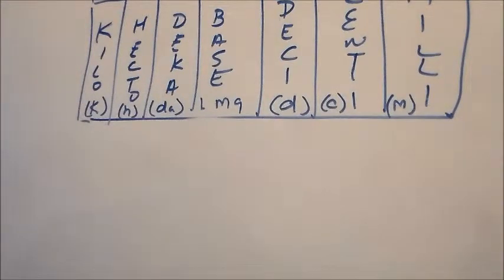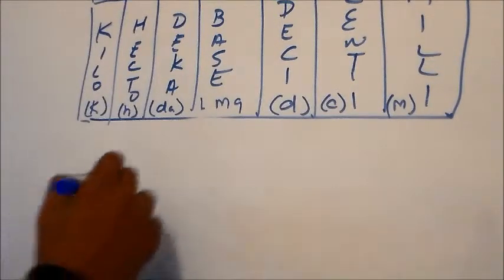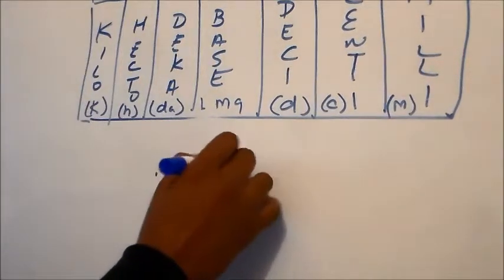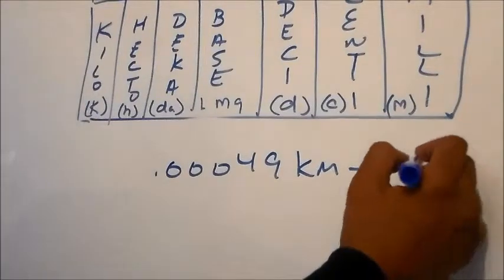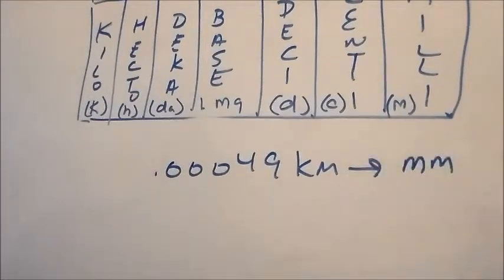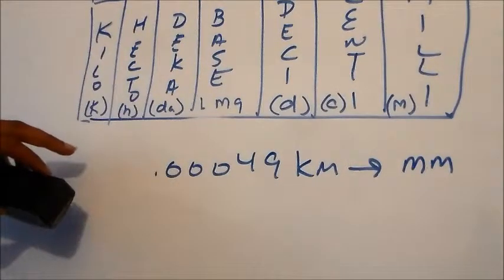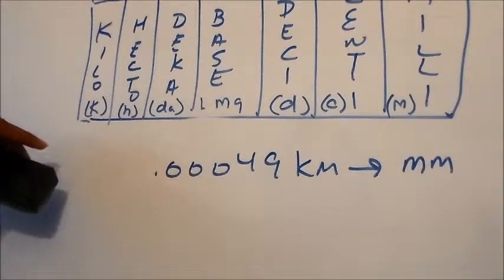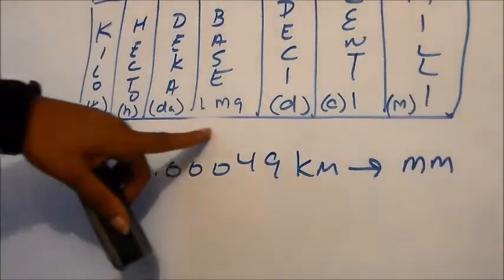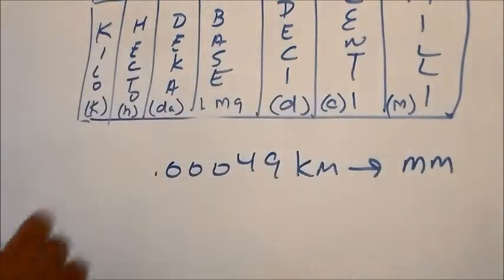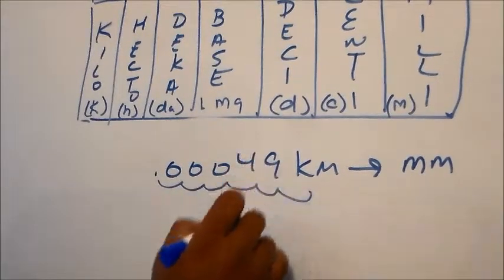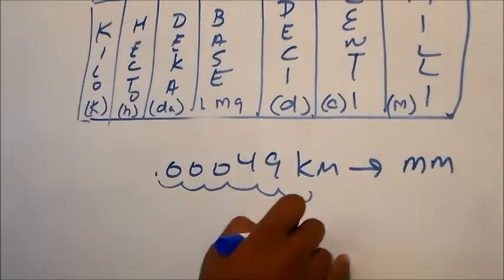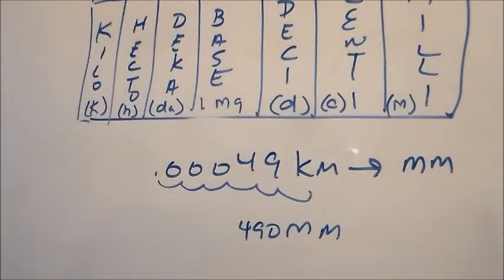Okay, I will do 3 more, and I think you guys will have the gist of it. Let's say we have 0.00049 kilometers, and we want to change the units to millimeters. We got to go all the way 1, 2, 3, 4, 5, 6 places. So 1, 2, 3, 4, 5, 6, 490 millimeters will be our answer.